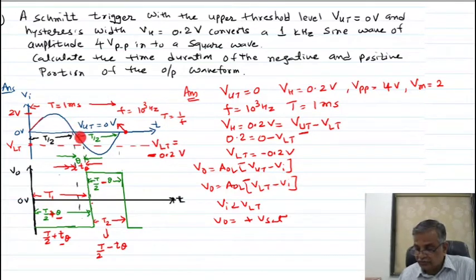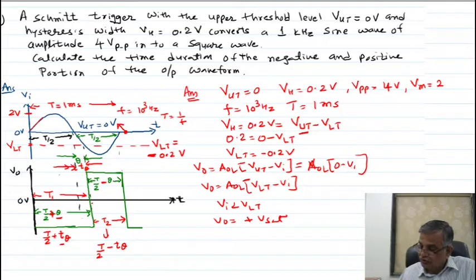When it passes through 0, the vertical edge is not obtained, but at this point it is obtained. So I have to find this phase. Why are you getting it at this point? Because up to this you can write this equation: AOL into 0 minus VI.